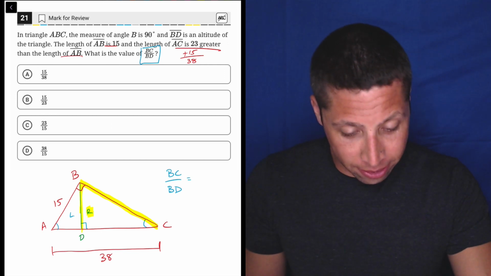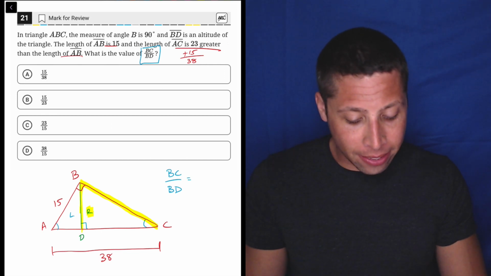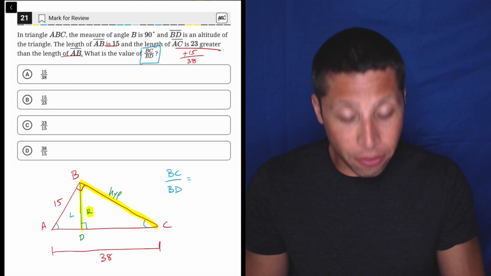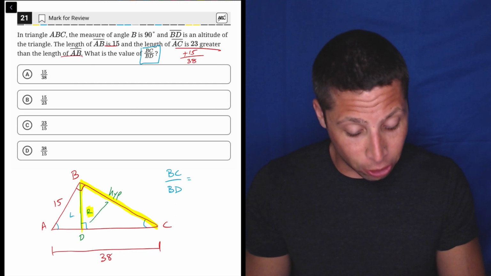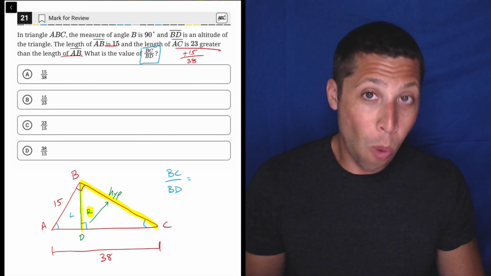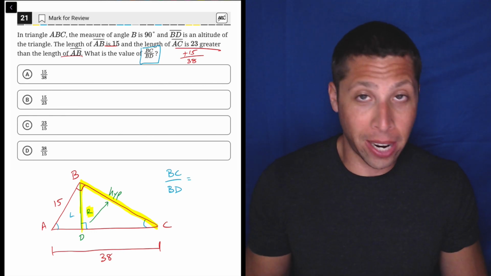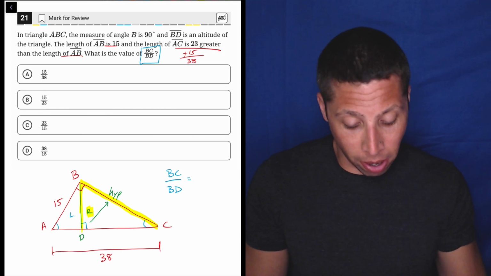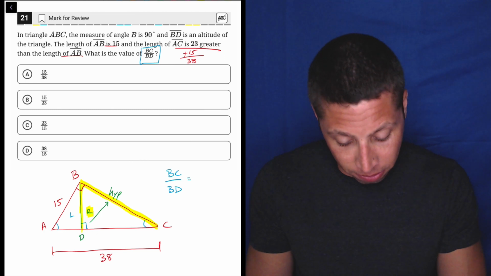So notice that BC is the hypotenuse of this right side triangle, right? It's across from the right angle. Well, what side is across from the right angle in the other two triangles? Well, in the big triangle, the hypotenuse is right down here, right?